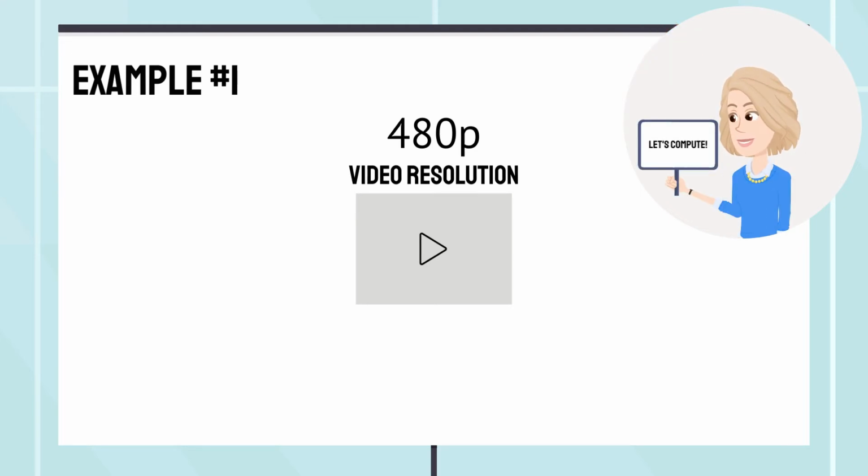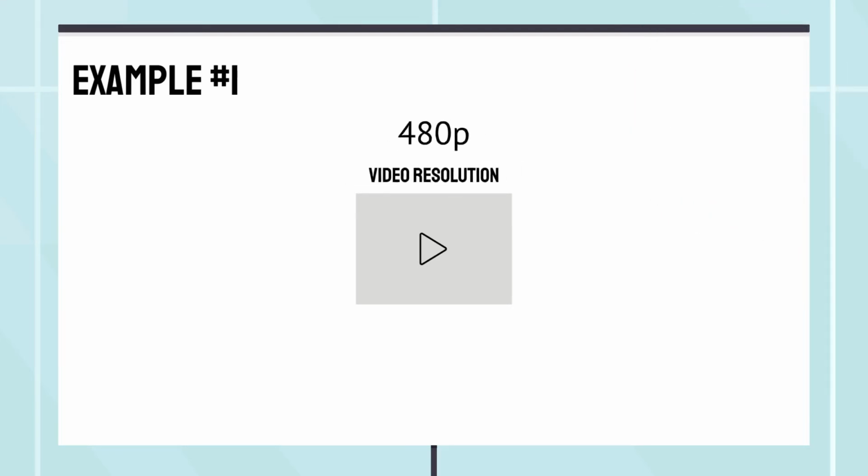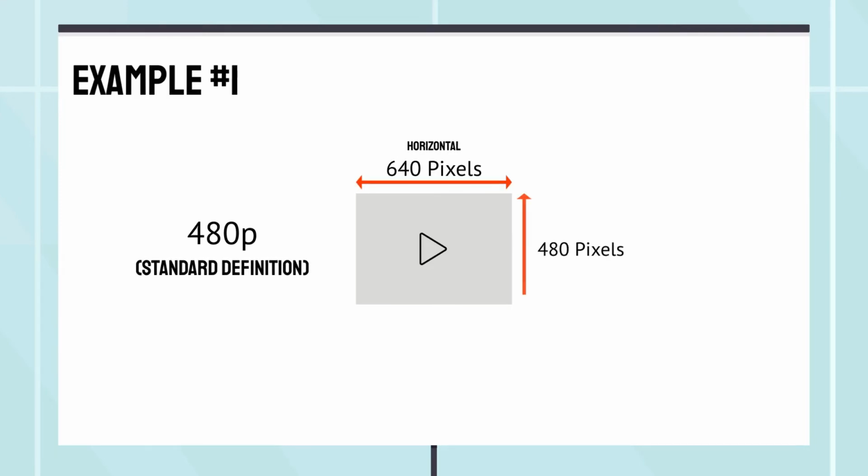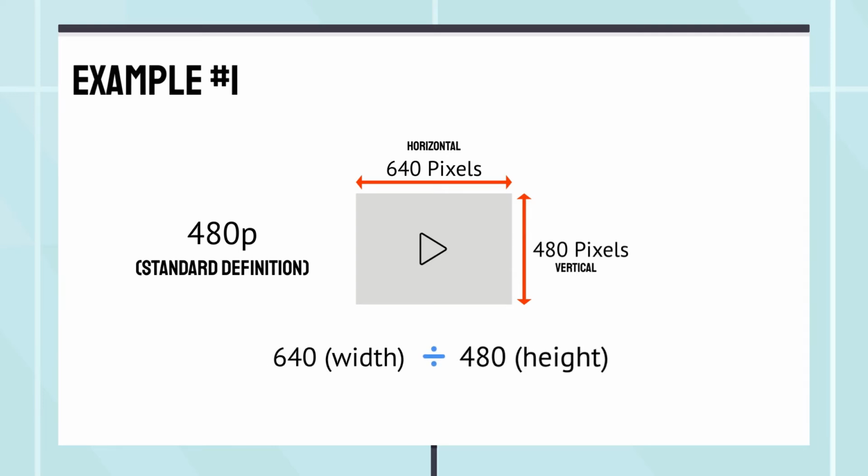Let's compute. As we know that 480p resolution or standard definition has 640 pixels horizontally, and 480 pixels vertically. So when we divide 640 as the width, by 480 as the height, we can get 4/3, or 4:3 aspect ratio.